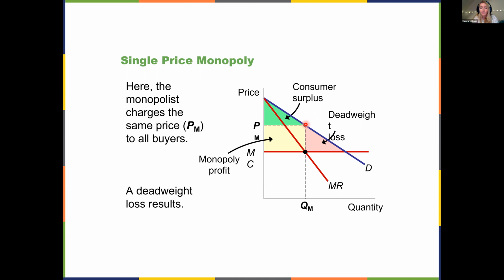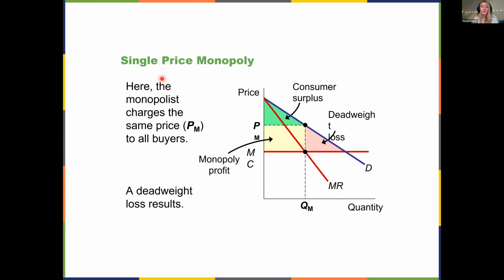The price that the monopolist is charging is too high for these people to benefit. And even if it wasn't a necessity for them to buy this product, the monopolist isn't even making enough of the product to cover all of these people. They're only making this much, and for these people to even have a chance to buy the product, they need to be making this much.